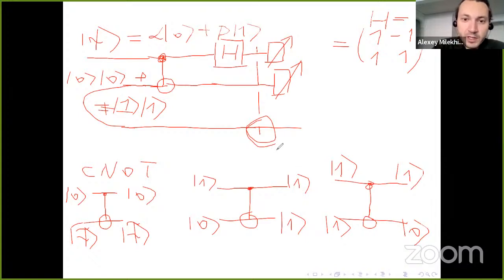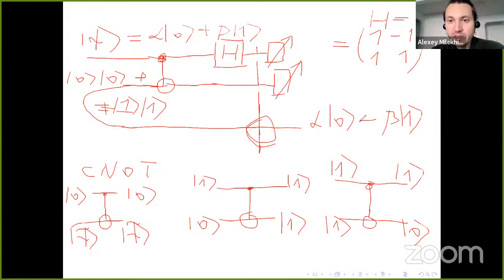Typically at this stage, this qubit will be in a state of this form. And then you need the measurement outcomes just to fix this relative phase between 0 and 1 at this stage.